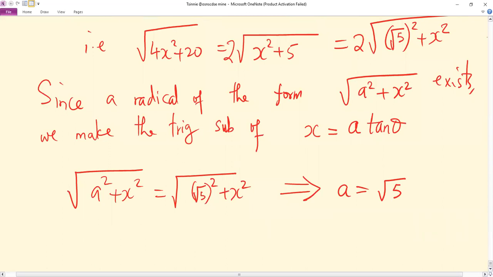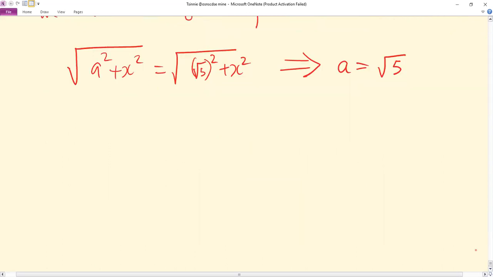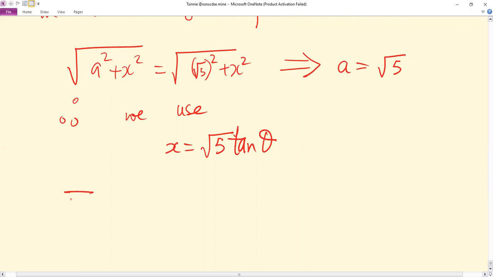So the correct choice is to use x equals root 5 tan theta as our substitution. Now this implies that dx is root 5 times the derivative of tan, which is sec squared theta d theta.